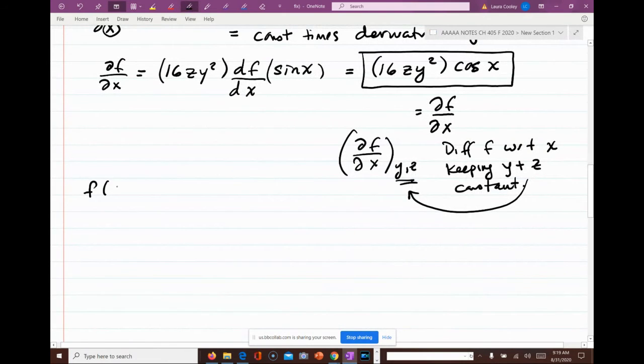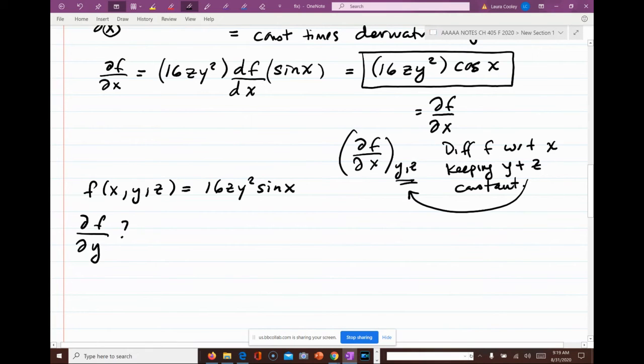We still have f of x, y, z equals 16 z y squared sine x. And now, how would I take the partial derivative of f with respect to y?